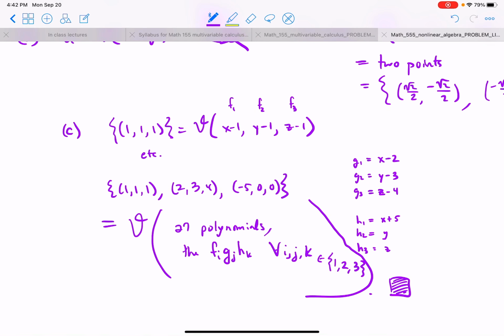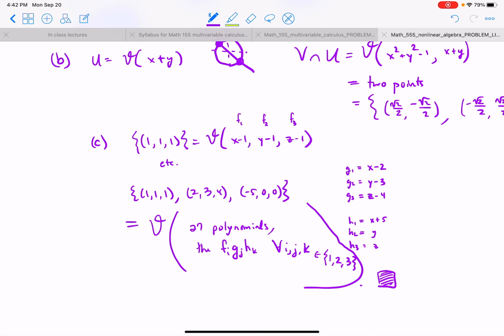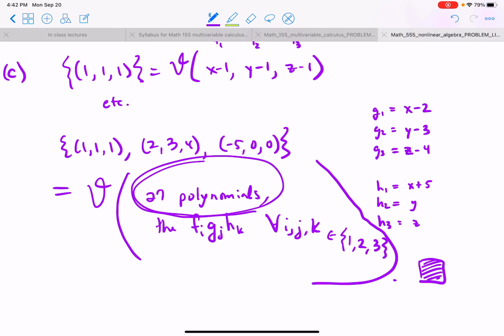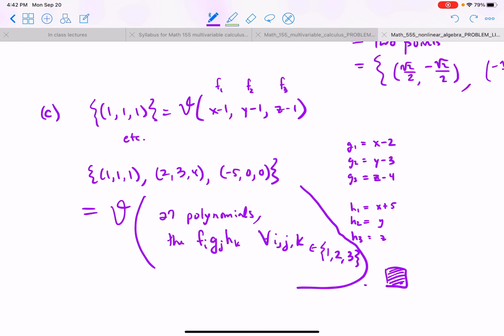So this set of three points is the vanishing set of 27 polynomials. It takes 27 polynomials to, well, maybe you could find fewer. So could we use fewer polynomials than 27? I will leave that question for you. Perhaps geometrically you can think of something.